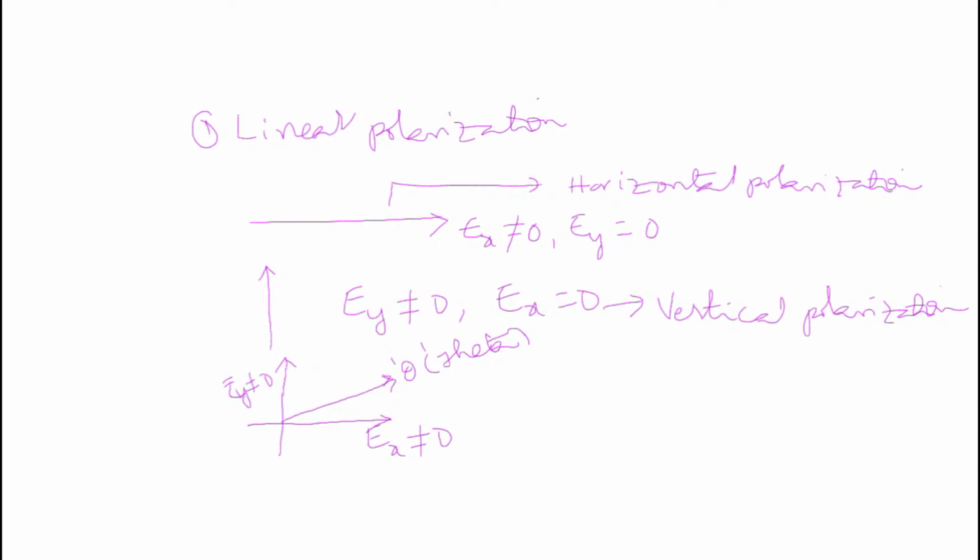Then the magnitude of the resultant field is equal to the square root of Ex squared plus Ey squared. Both fields are present along x and y, but the resultant field is like this, and the angle is theta, or this one is 90 minus theta, where theta is not equal to 90 degrees.